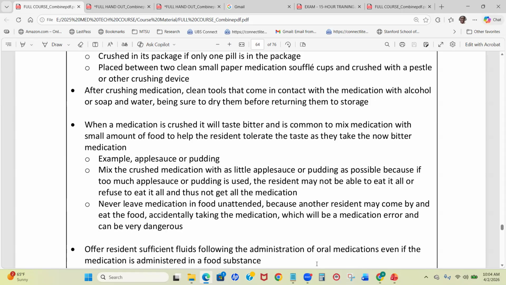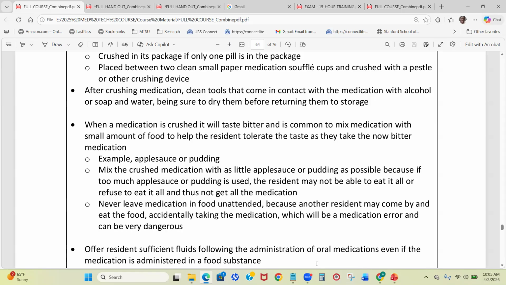And because it's being crushed, you want to know whether the person likes it in applesauce or pudding. Mostly if they are alert and oriented, they will tell you, I want it in applesauce, or I want it in chocolate pudding or vanilla pudding. Make sure you are putting a small amount of that pudding or applesauce, because some residents, when you put too much, will not eat it.